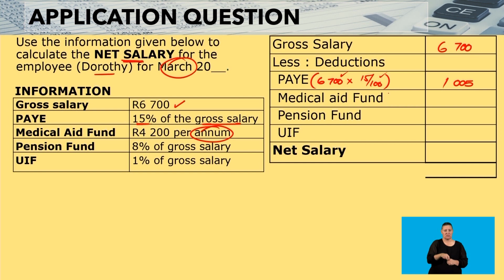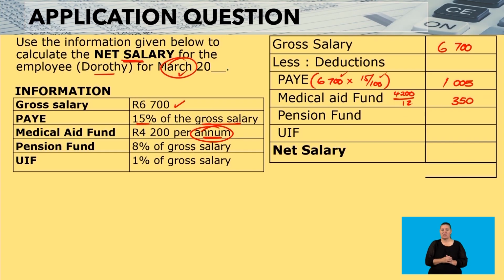That means you take the medical aid, 4,200, divided by 12. Why 12? Because this amount is for the year, and we only want 1 month. You will get 350.